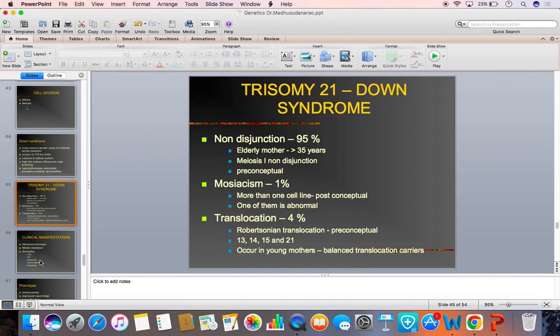Then that ovum receives the sperm with normal 23 chromosomes.